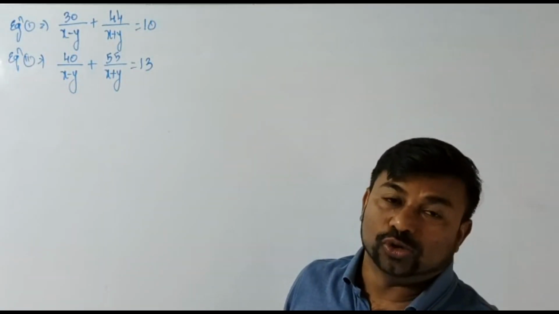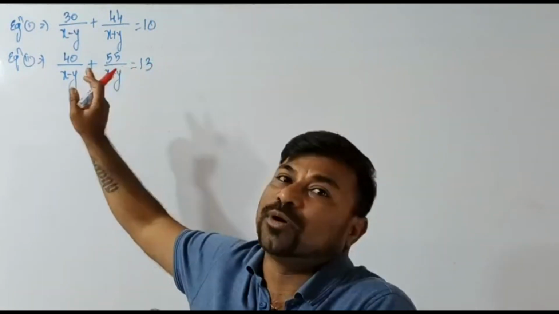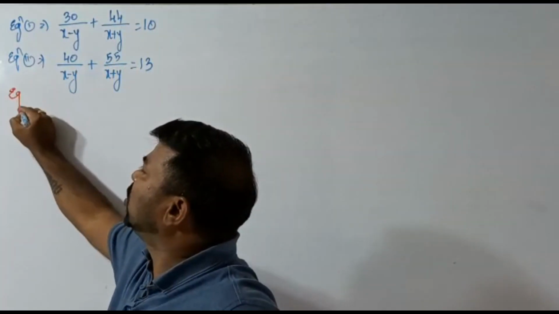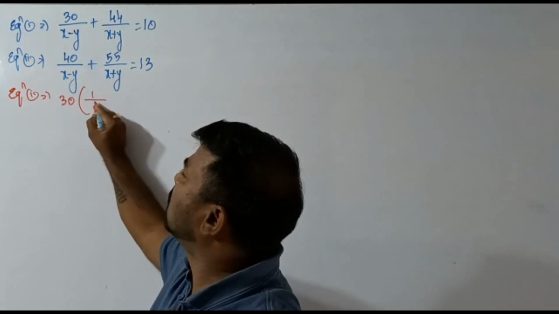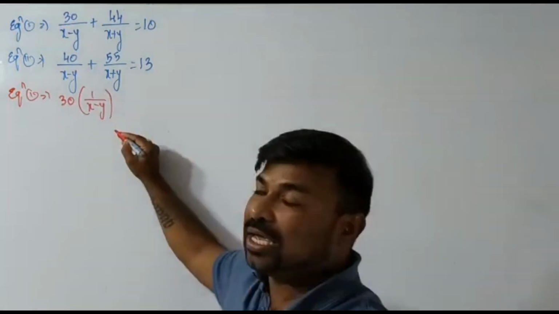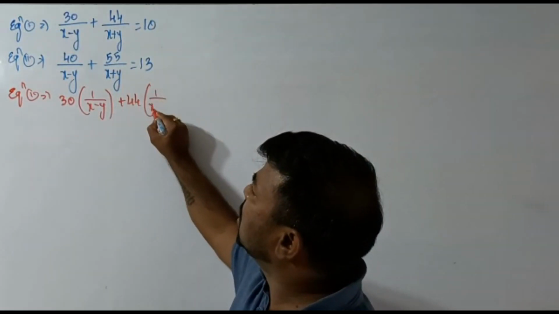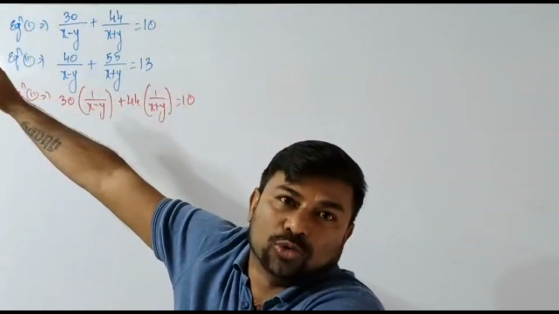What we are supposed to do is reduce them to linear equations, since they are not in linear form. So how to write equation 1? Can I write it as 30 into 1 by x minus y, plus 44 into 1 by x plus y equals 10? I have reduced it by taking 30 out.